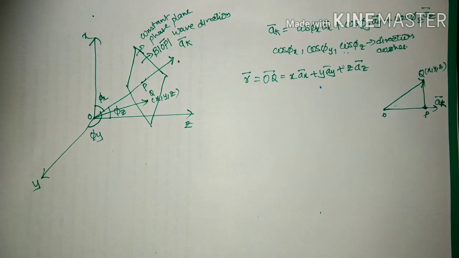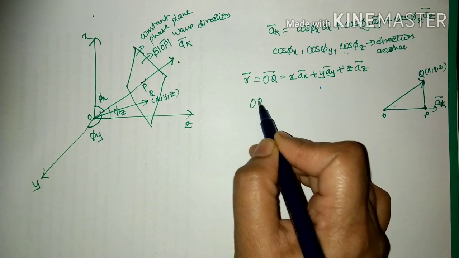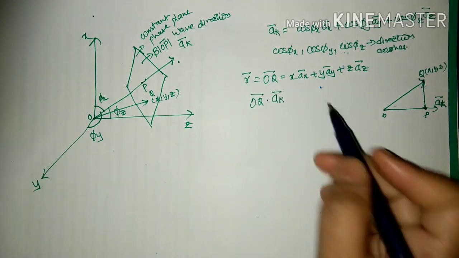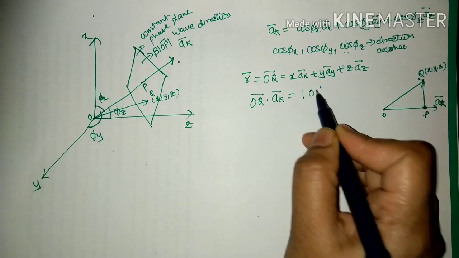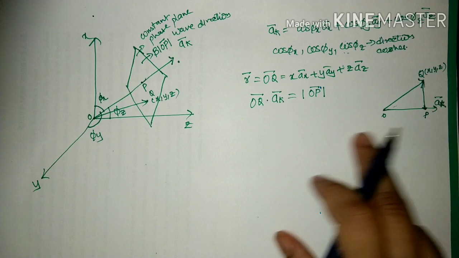Means if I project OQ bar in the direction of the wave propagation, it must give the length of the vector OP bar.